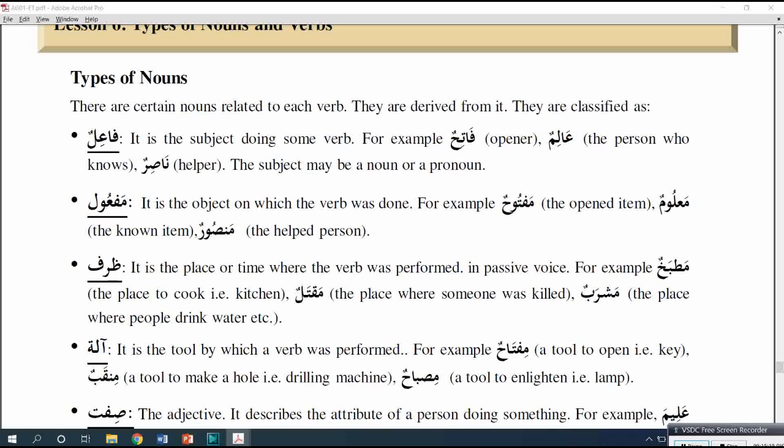Similarly, maqtal is the place where someone was killed. So these are the locations. Similarly, mashrab is the place where people drink water. So with zarf, you have to know that it is the location where some action is being taken.